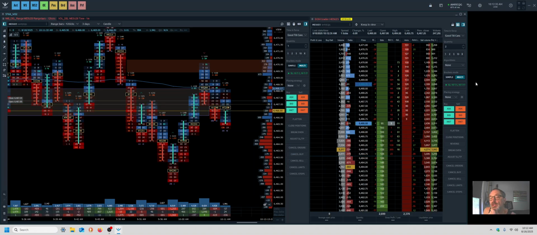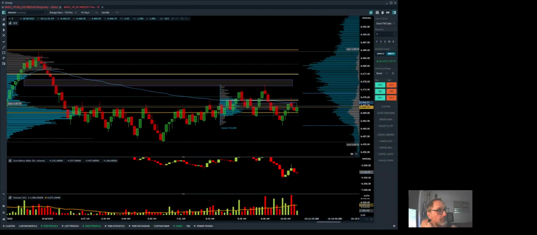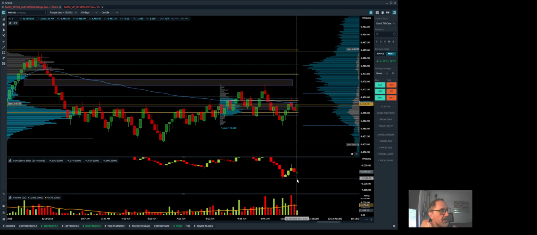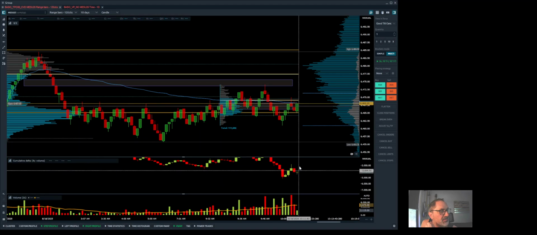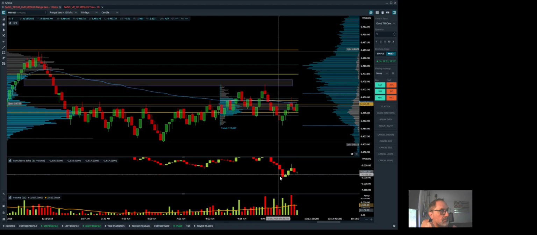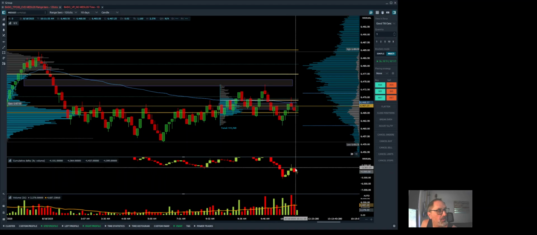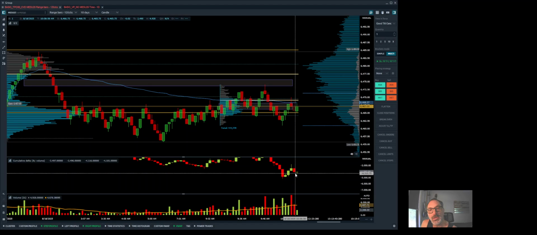I'm going to flip over to the volume profile for a second and show you something here. This swing low, I'm going to see if we break down, see if we have more sellers. This is what's called cumulative delta, and I have it set for the day, from when the day starts, showing what the action is. We have more selling than buying. It's more pressure on either side.